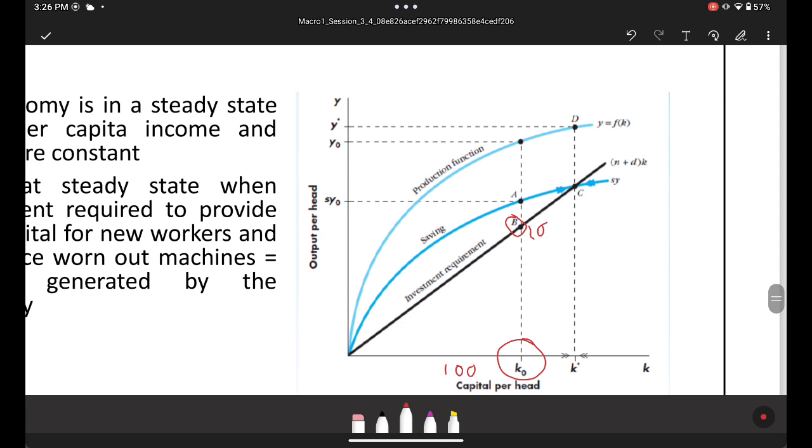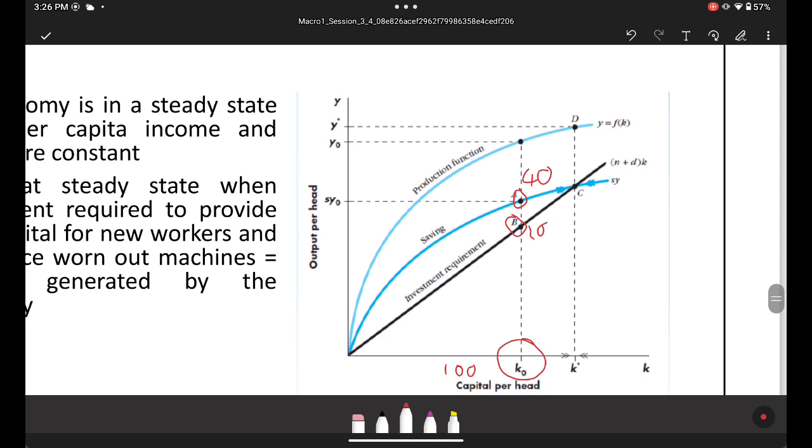You see what I'm saying? And for you to keep the capital labor ratio at 100, you need to invest 20 or whatever this amount is. Let's say the savings amount is 40. So you see what's happening over here. You're saving more than you invest. If this is 20 and this is 40, the difference is 20.